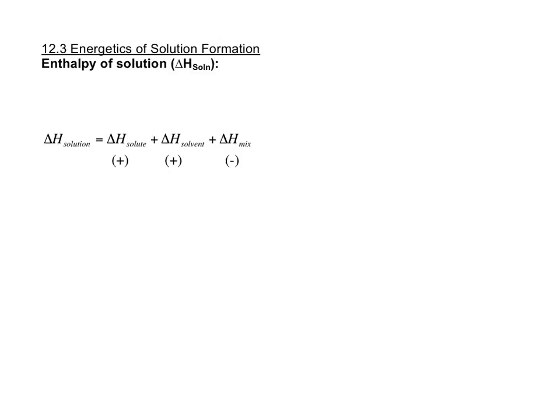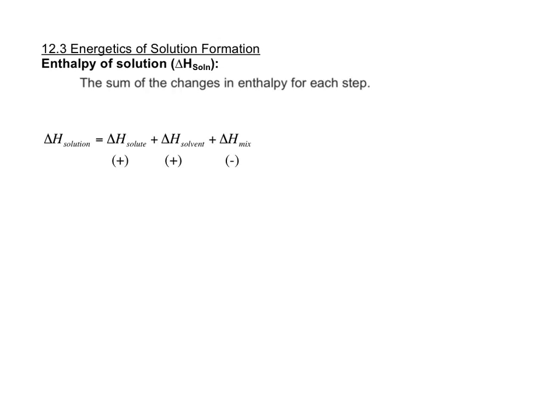So now to put this in a more quantitative perspective, the enthalpy of solution is the sum of all the changes in enthalpy for each step of our solution formation. Okay, so the delta H of solution, which is our enthalpy of solution, is going to be equal to the delta H for breaking up the solute, which is always going to be positive because we need to break apart those intermolecular forces in order to separate the solute molecules, plus the delta H for breaking apart the solvent, which again is going to be positive because we're going to break apart bonds in order to make room for solute, plus the delta H of mixing, which is always going to be negative.